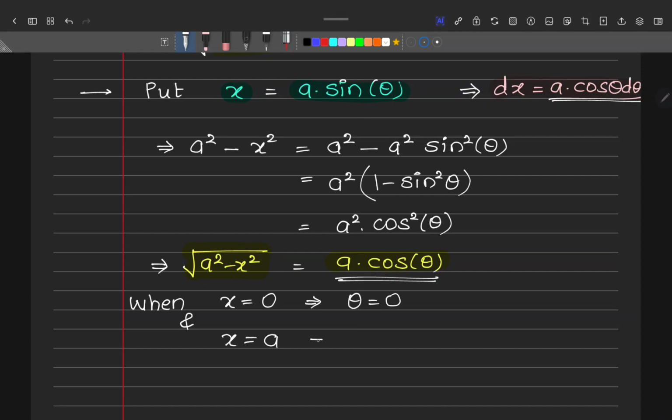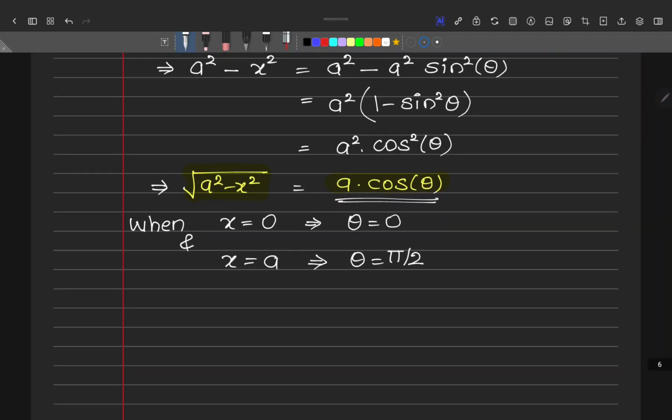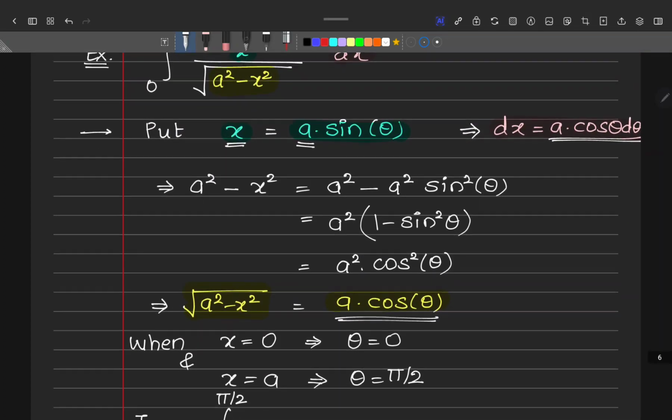When x is equal to a, a on the LHS and RHS gets cancelled, which implies sin theta is equal to 1, which implies theta is equal to pi by 2. So my integration will turn out to be in terms of theta, and theta will vary from 0 to pi by 2.